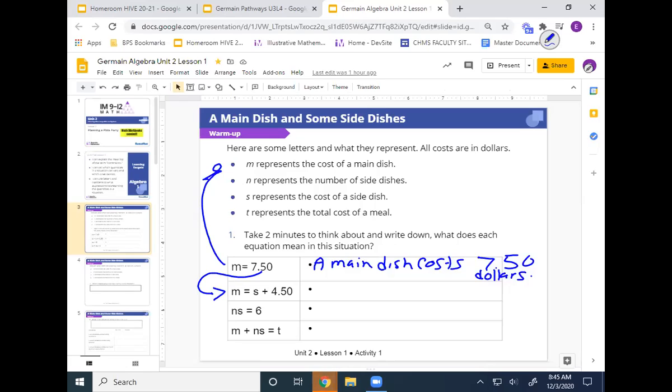So we could say that a main dish's cost is equal to what?